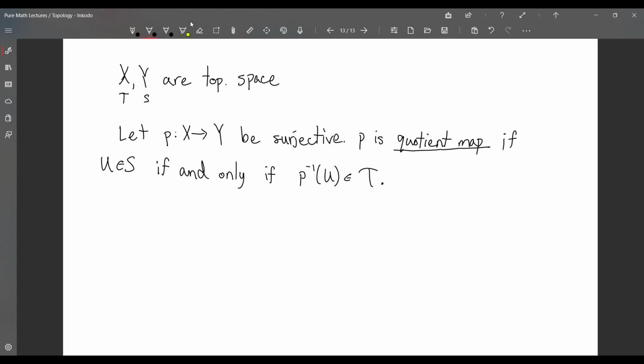P inverse of U is contained in the topology of X. It's an open subset of X.